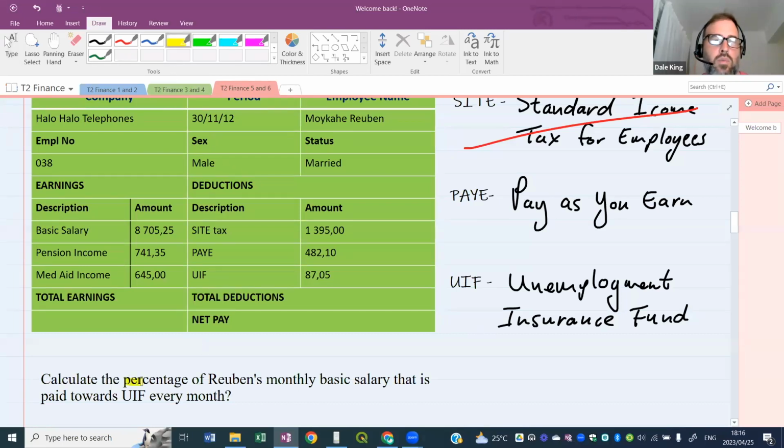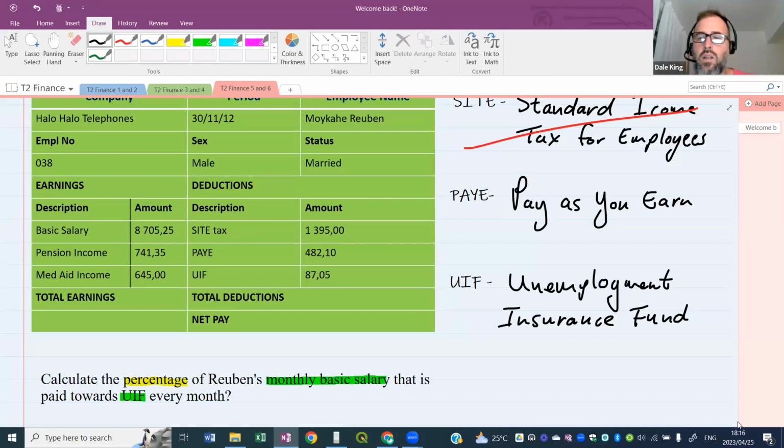So they want a percentage, and they need you to take the monthly basic salary and UIF to get that percentage. So quickly do that. I know you guys are thinking, I know what the percentage is, but we're going to try and prove it. We're going to calculate it and make sure that we're getting the right answer.